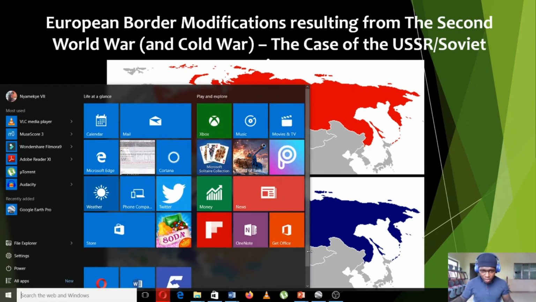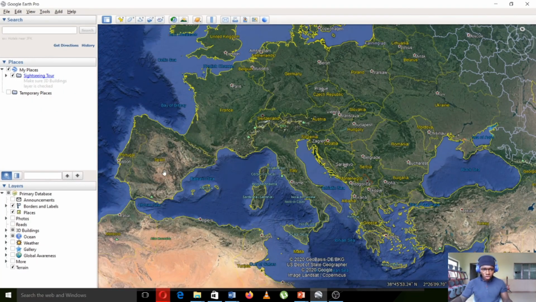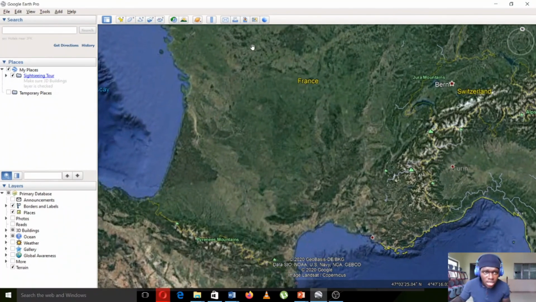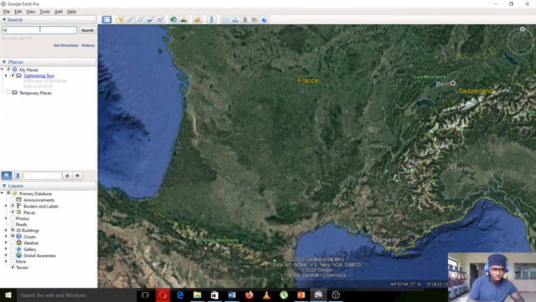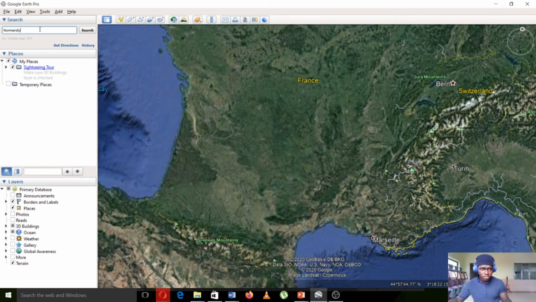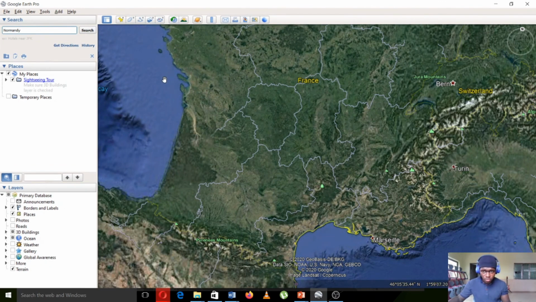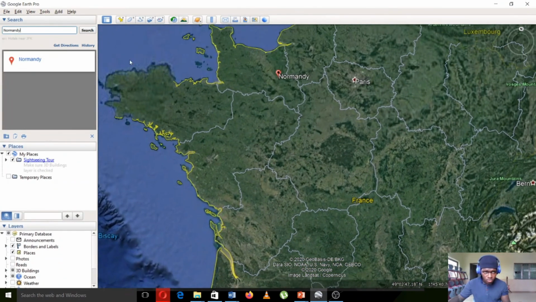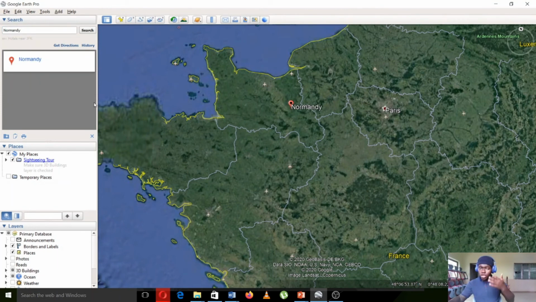Now, let me get the map of Europe. So, where's Normandy? Fantastic. So the British and French agreed on a plan as to how they were going to free France and let Hitler lose the war, beat Hitler back.